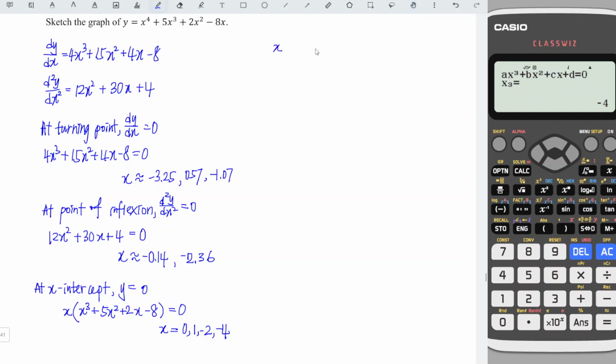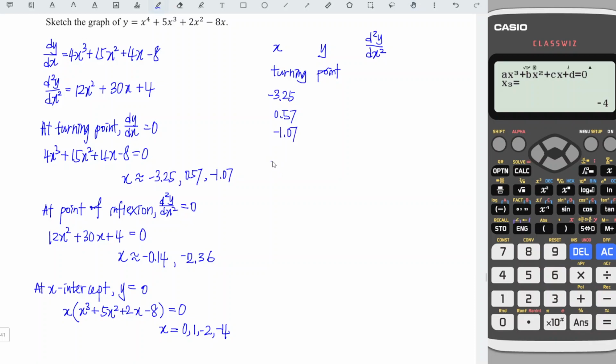So x, y, then d squared y/dx squared for us to determine the nature of the turning points. So we can start from turning point. So we have negative 3.25, 0.57, and negative 1.07.